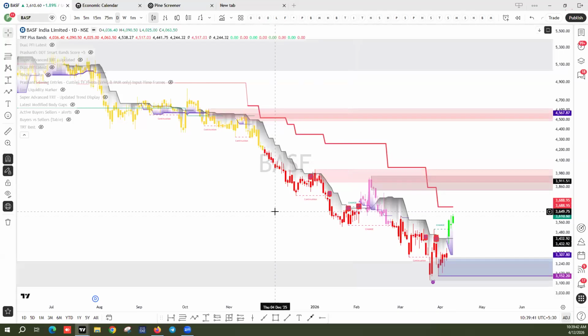We can enter on anticipation when everything is favorable, like bias is bullish, momentum is bullish, bearish bias is absent, PFI numbers are favorable. Then we can enter on anticipation that it may come up to this level. You can place limit orders and take entry. But in this kind of stocks where only one or two things are favorable, don't take anticipatory entries.